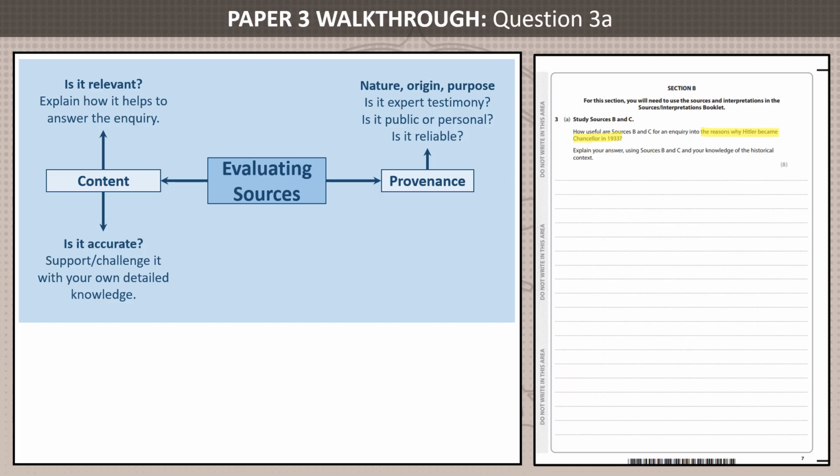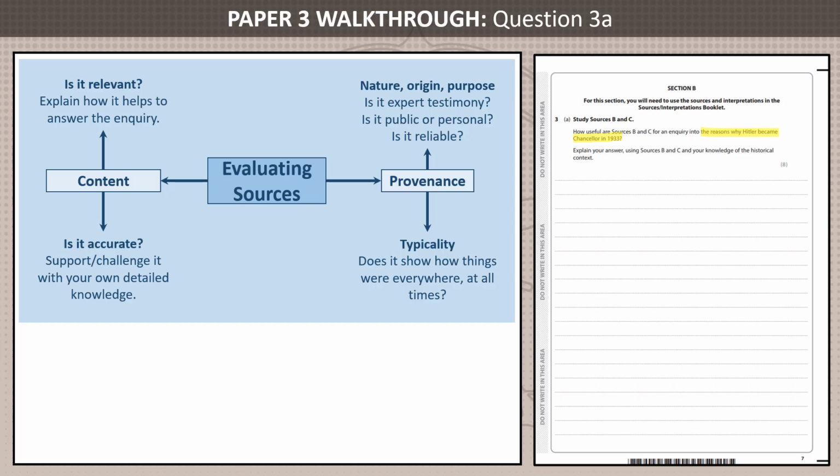The other thing we could think about with provenance is typicality. Now this means, does the source show how things were everywhere at all times? Or perhaps the source only really shows, for example, how things were in one place or one factory rather than everywhere in Germany. That makes the source a bit less useful because we can't really generalise about how things were everywhere.